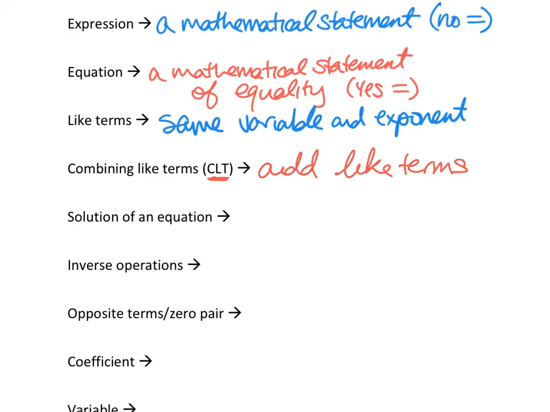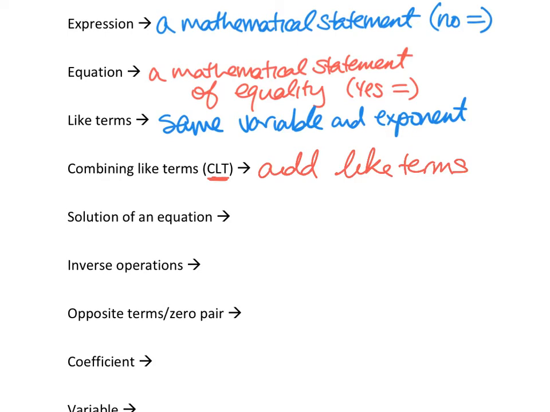So a solution of an equation, we were finding these last time. They're when we found like x equals some number. And what we did when we found that is we plugged it back in. Does anyone remember what we were looking for when we plugged the number back into the equation? When we were checking our work? Yeah. We put a little check mark next to it. See if it matches. We're looking to see if it's a true mathematical statement, right?